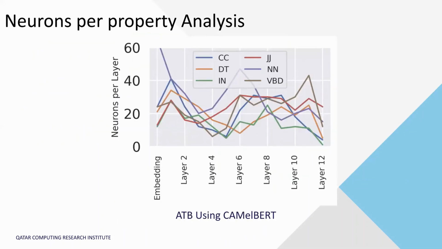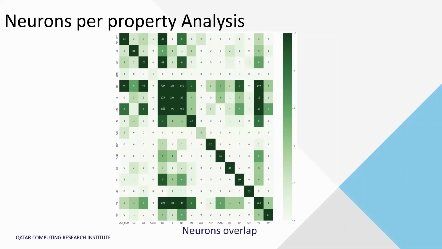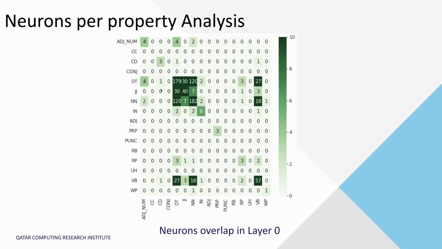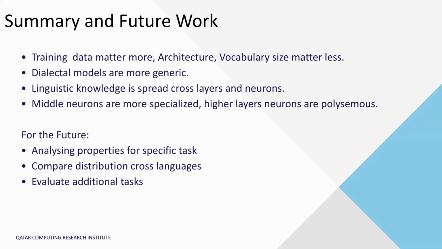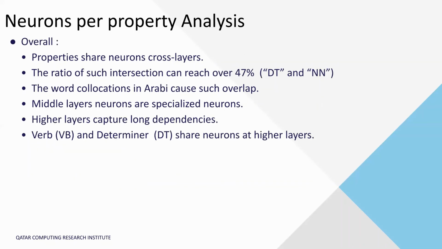Some of these are almost 50% of neurons overlapping between the noun and the determiner. And as I mentioned, because of the words in Arabic, there is a collocation that causes this overlap.